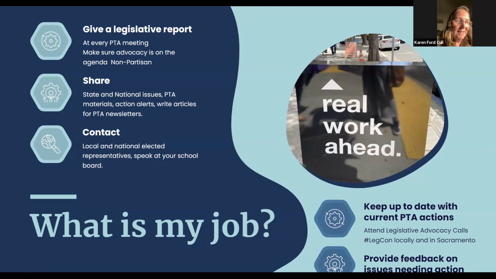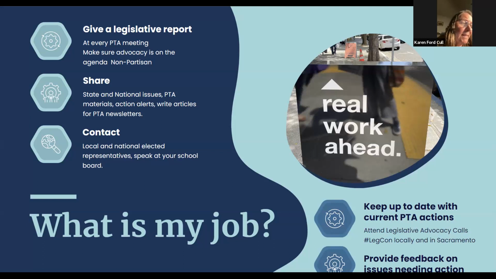Sometimes it's easier to establish a relationship with their staffers, and particularly if you can get a relationship with the booker, that's the person at their office who keeps their calendar. They're the most important person in that office. And also, when we do have an issue, speak at your school board, asking the school board to support that legislation too.